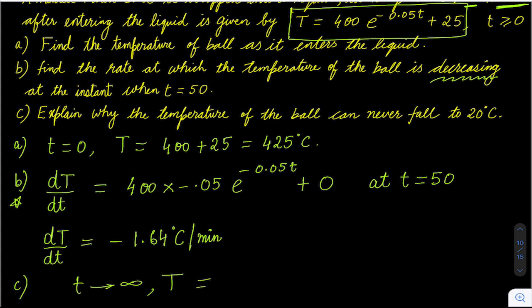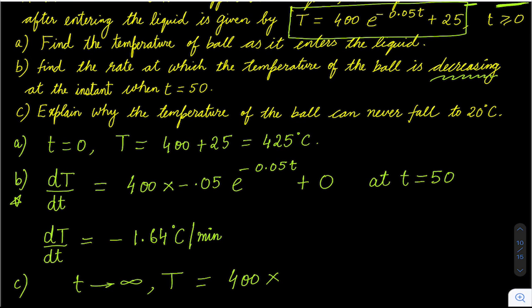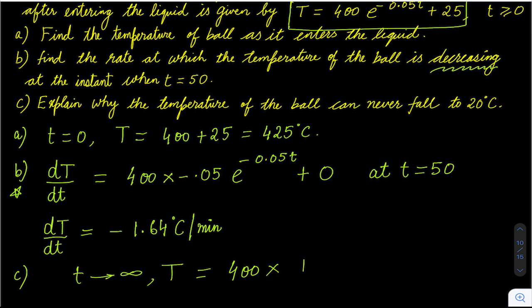When t is infinity, and we have already discussed this, let me just write it here so that you can understand it more. e power minus is 1 over e power 0.05 into infinity.